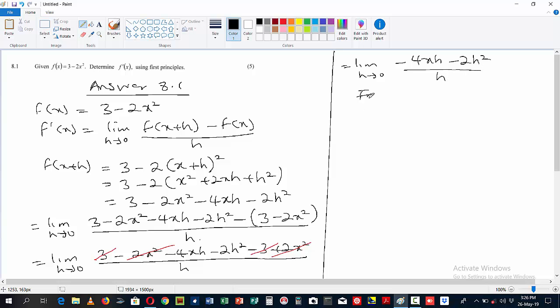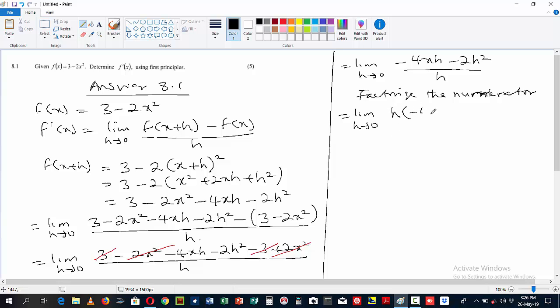Now factorize the numerator. So we need to factorize the numerator now. When you factorize the numerator, we are going to have the limit as h tends to 0. h is common in the numerator, so we take h outside.